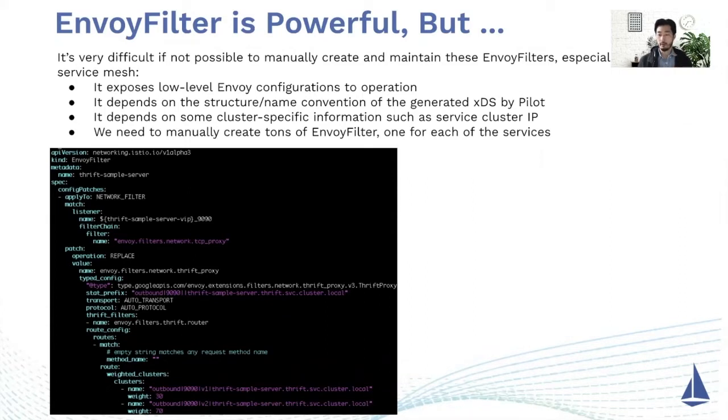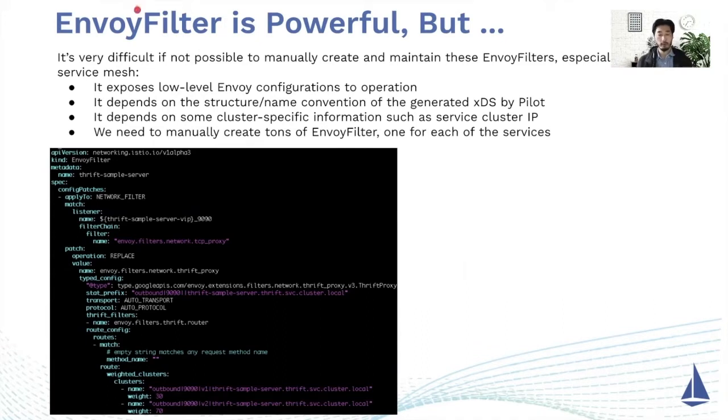You need to know the exact structure of the output configuration generated by Pilot, so you can write the match condition of the Envoy filter that could successfully select the correct TCP proxy that you want to replace. This structure, like listener, filter chain, cluster, may change as Istio evolves to new versions. So the Envoy filter that works in the old version could break in the new versions.